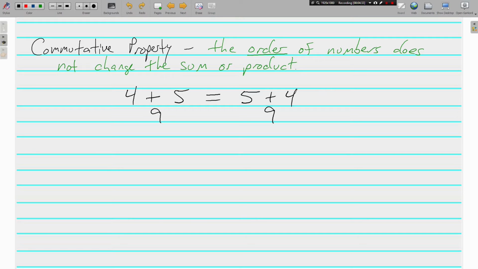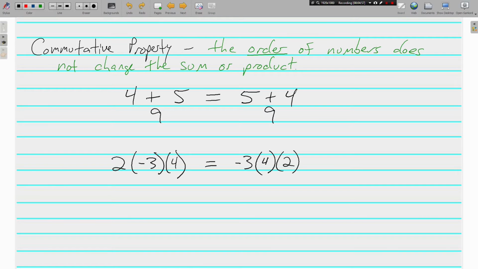Same thing with multiplying. I'll throw some negatives in this time. 2 times negative 3 times 4 is going to be the same as negative 3 times 4 times 2. I have the same numbers in both problems.